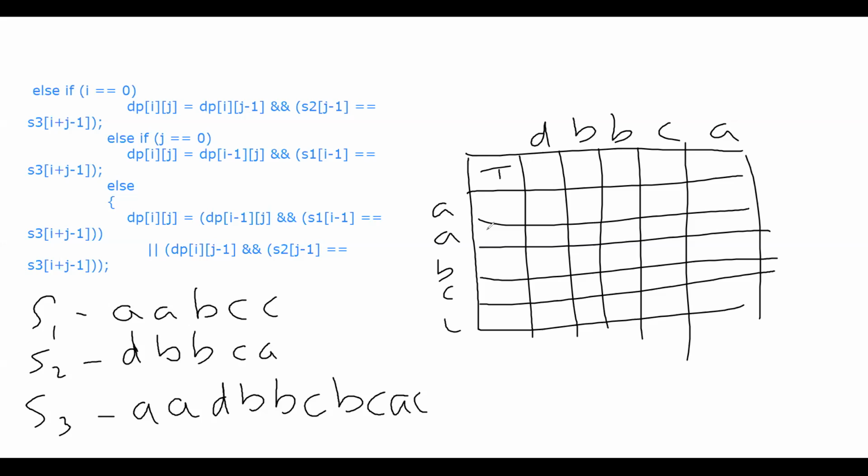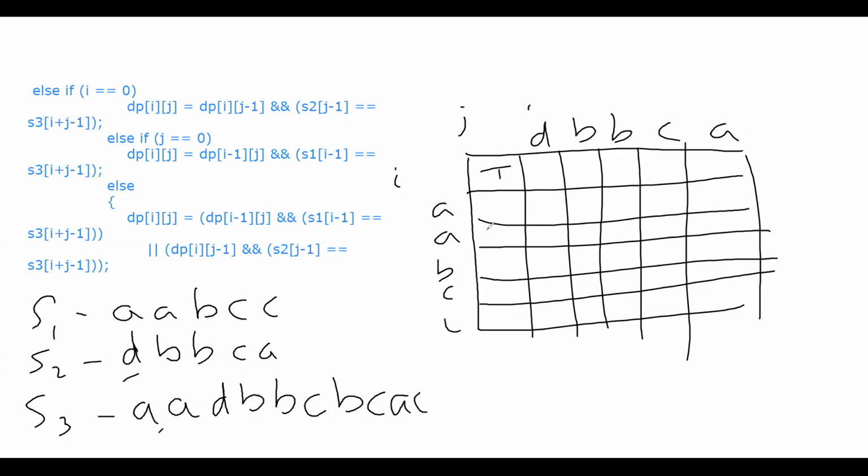The first one. So now when I go in this one, when my I is 0, so this is I and this is J. So when my I is 0, in that case, what I'm trying to do is look for if J minus 1 is true. And so J will be here, which will be 1. J minus 1 is true, but then along with that I need to compare S2 with this one.